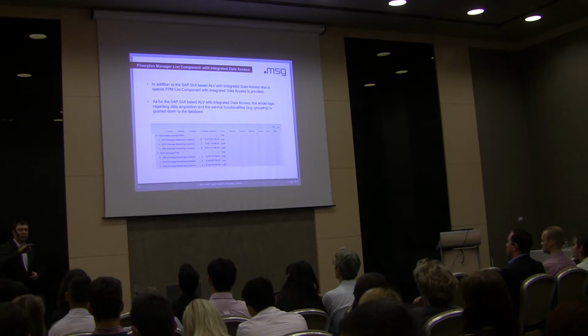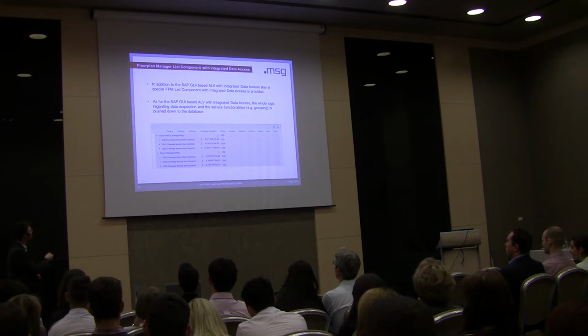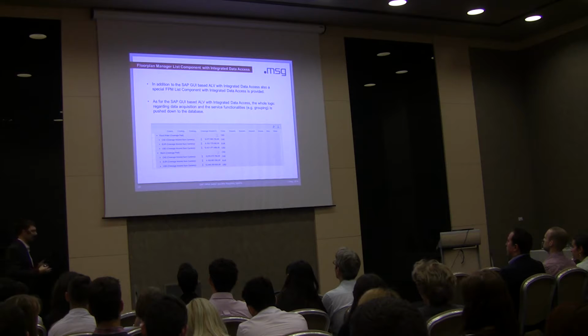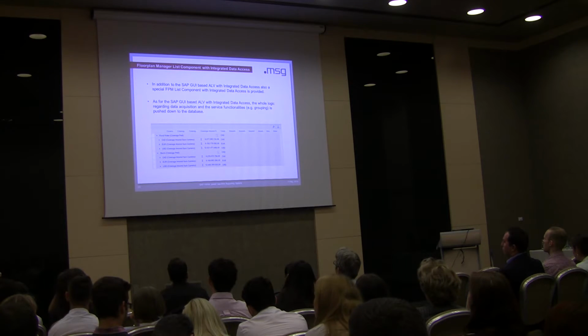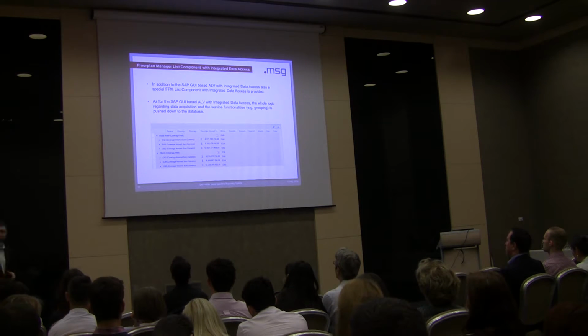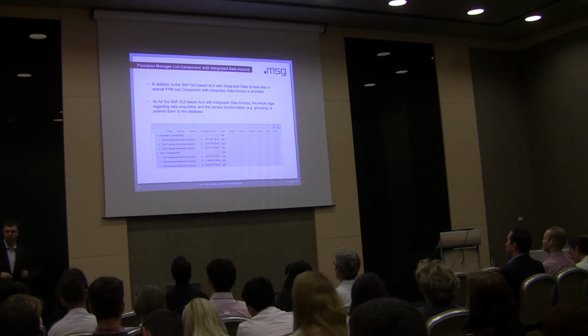In the Floorplan Manager you have to create a feeder class which feeds that control, and with the classical list component you also have to get the data yourself in the get data method. Here with the new list component you also just take the data from that view.